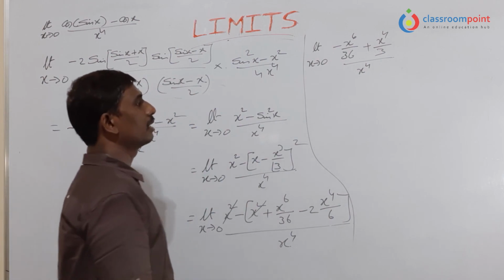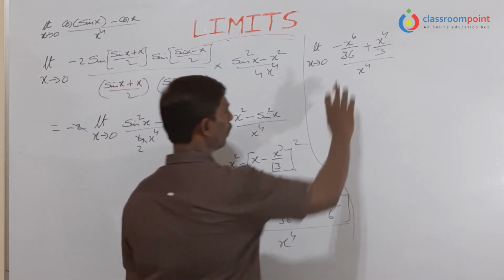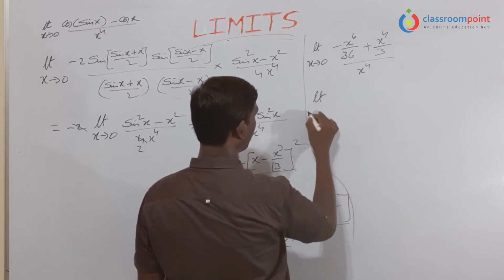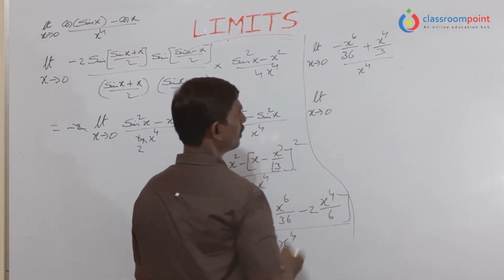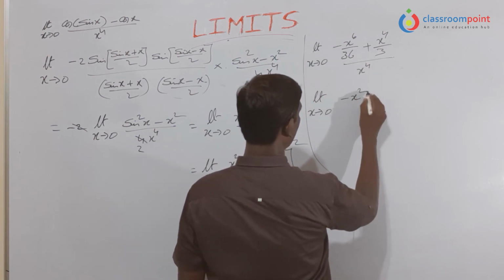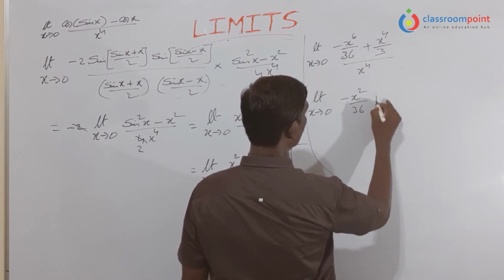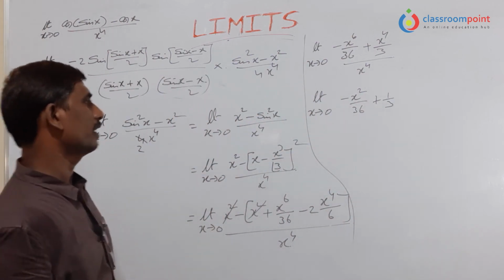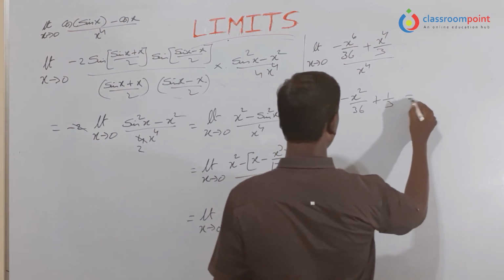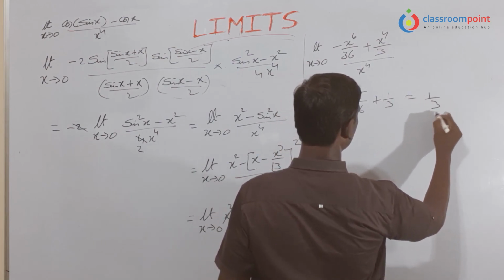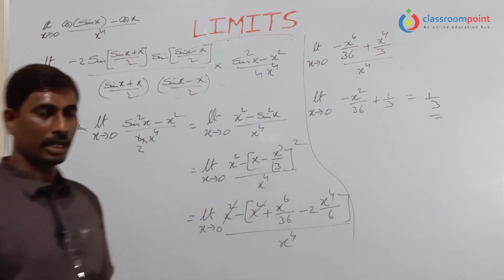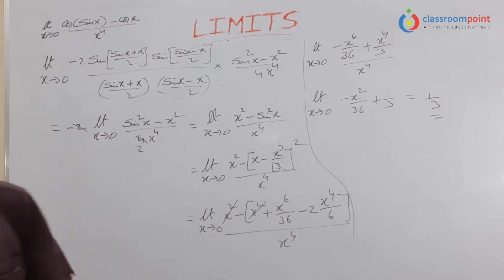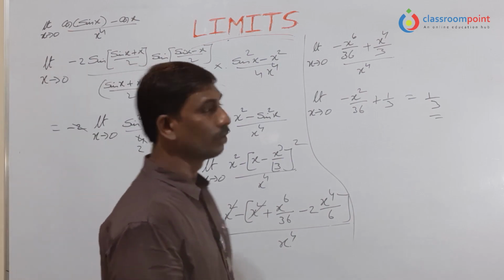So we'll do one thing: take x power 4 outside from both, then x power 4 and x power 4 will cancel. Then limit x tends to 0 of minus x square by 36 plus 1 by 3. Okay, now in the place of x apply 0, the answer will be 1 by 3 only, right? Okay, thank you.